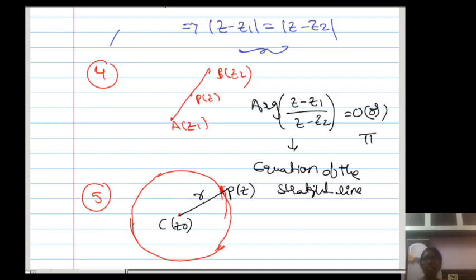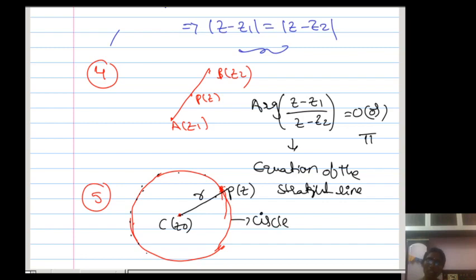What is the meaning here? The locus of the points satisfies the condition. Not only here, you can take any point on the circle. The distance from that point to the fixed point z0 should be r only. From anywhere, the distance will be constant. So what does it represent? A circle.